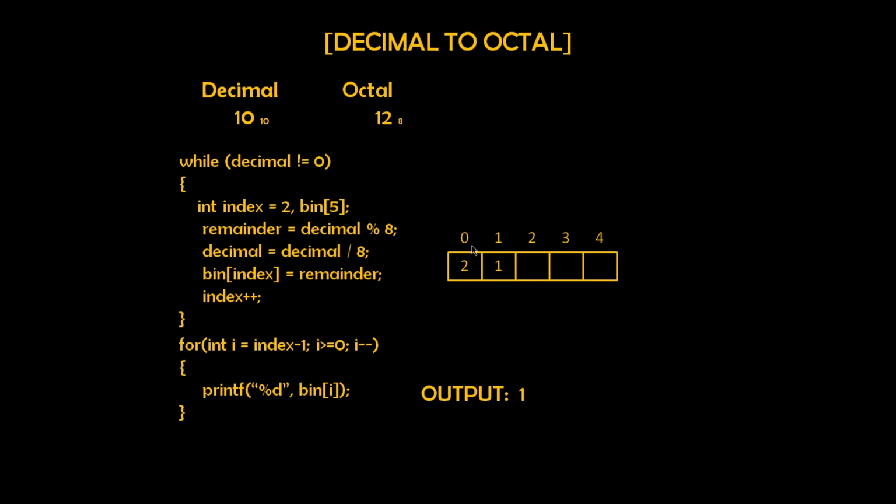So our index is 0, meaning this 2 will be printed next. So now we have output 1 and 2. That will be read as 12. As you can see, it will not loop again because 0 minus 1 would be negative, so this will become false. So we have the final output. We have decimal 10 converted to octal 12.